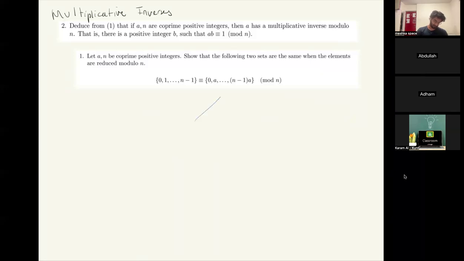What does the lemma say? One of these is congruent to 1 mod n, and that's your inverse. And it shows the inverse is unique, there's only one congruent to 1 mod n. So we can say it has a unique multiplicative inverse, unique mod n.